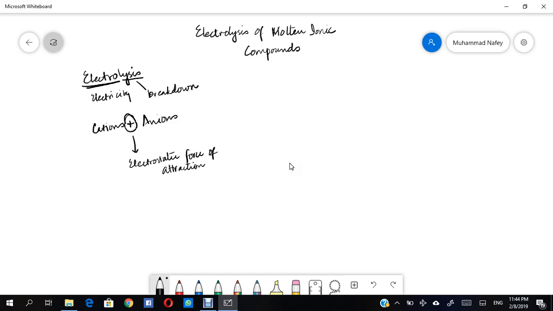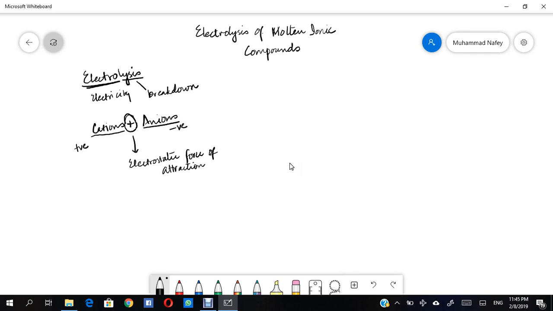Well, now since electrolysis is the breakdown of ionic compounds using electricity, the purpose and rationale of electrolysis would be to separate the cations from the anions. Cations are positively charged and anions are negatively charged.